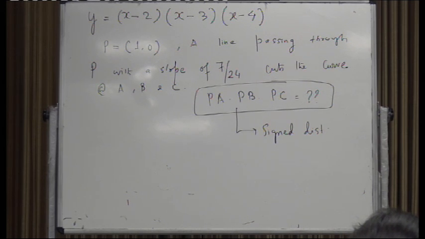So basically in this case it is cutting at 3 points A, B and C. Obviously line है तो किसी भी क्यूबिक कर्व को वो मैक्सिमम 3 ही बार कट कर सकता है ना. बाई क्वाड्रेटिक है तो 4 बार कर सकता है. 5 डिग्री है तो 5 बार कर सकता है. दैट इज द बेसिक कॉन्सेप्ट यू नो, राइट. तो अब आपको बताना है मुझे कि व्हाट इज PA इंटू PB इंटू PC.